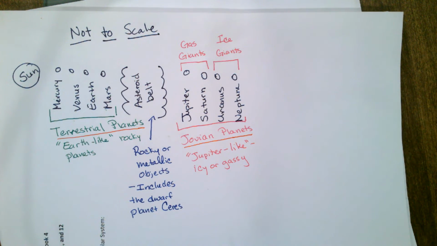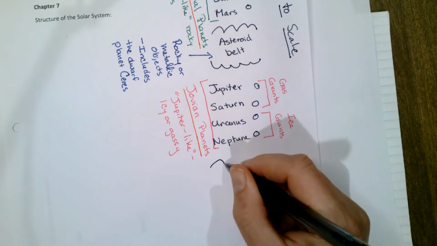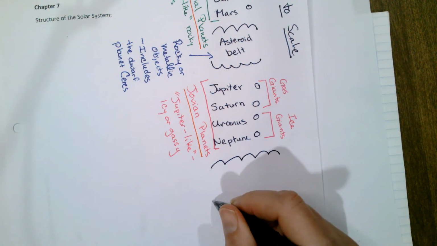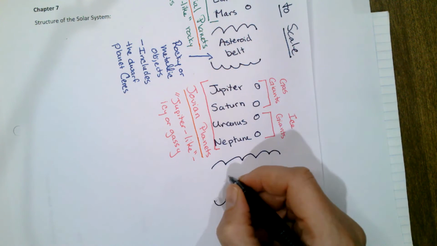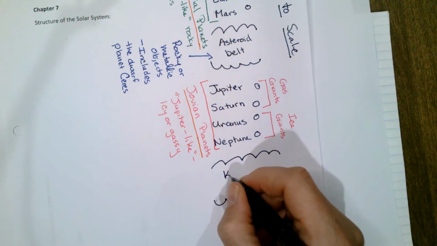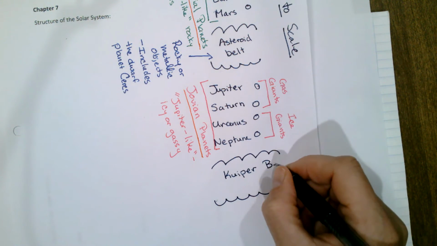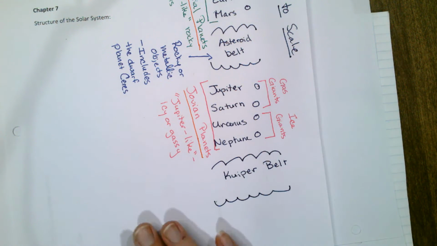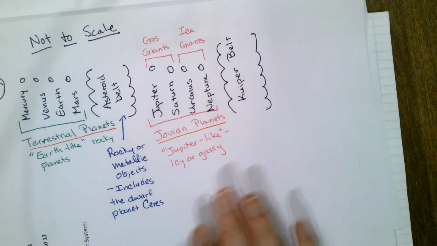Now, beyond that, the next layer outside of the solar system, and we're going to talk about why the structure is like that, is another belt of small objects known as the Kuiper belt. That's a very Danish name, Kuiper.